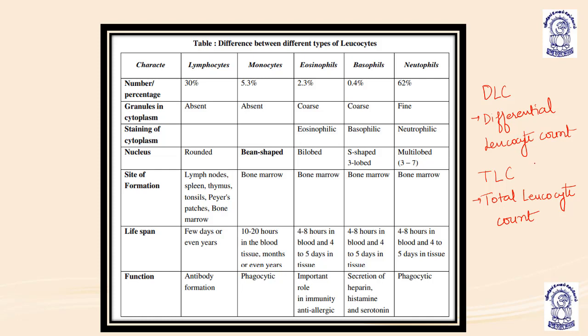So first is the differential leukocyte count, that is DLC, and the second is the total leukocyte count, that is TLC. So the difference between different types of leukocytes, okay.